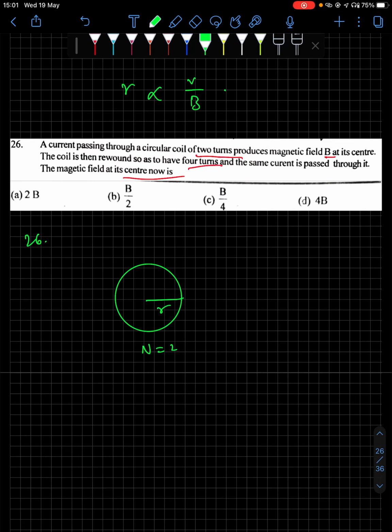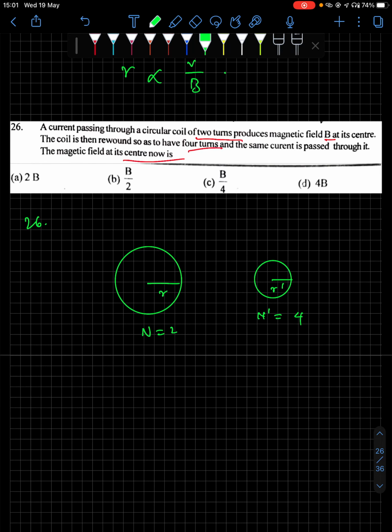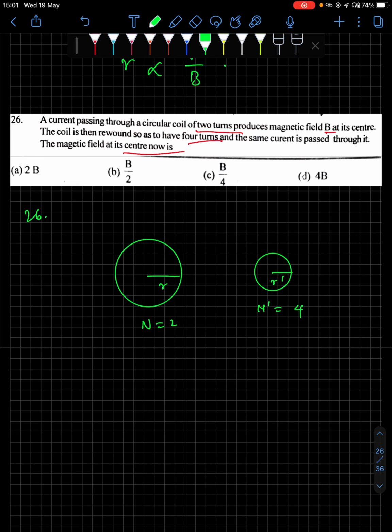In the second case you are giving it 4 turns, therefore of course the radius will decrease. Say the radius is r prime now, and the number of turns is n prime, which is 4. So we have to find a relation between the radii of these two circular coils, right?